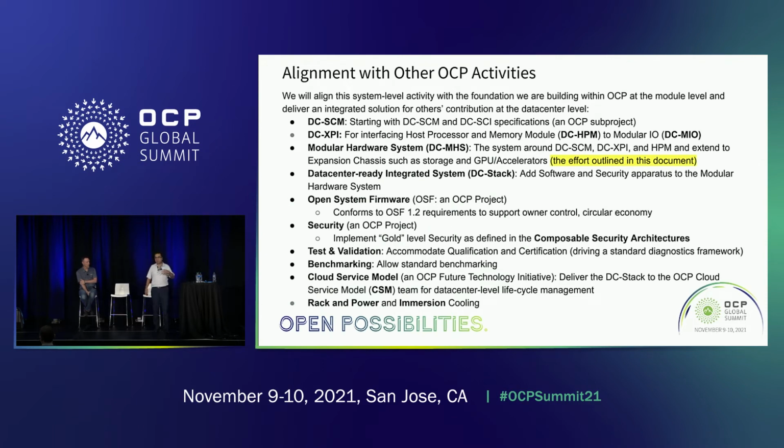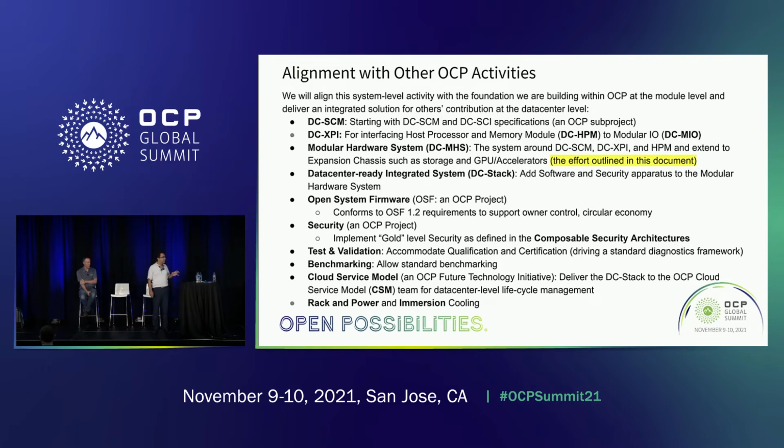So as we were doing that, we saw that we were not alone. There are a lot of other ingredients being worked on. Within OCP, there are multiple projects that are aligned with this concept. You guys might be already part of those teams. We already work on DC-SCM, the interface XPI. We have published a version of that already. It is on the project server wiki.